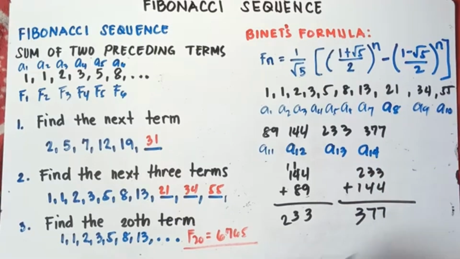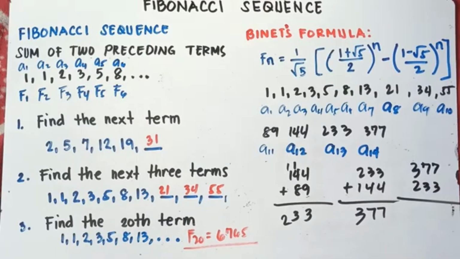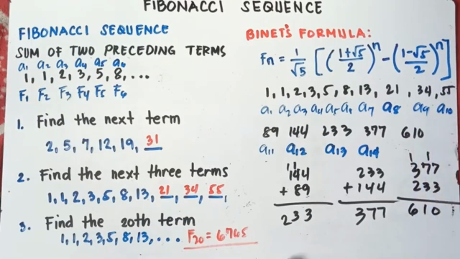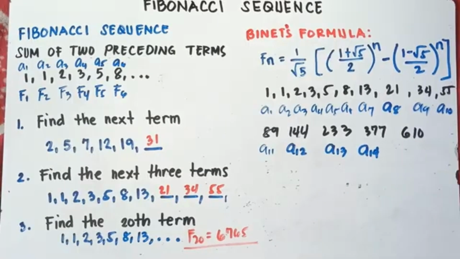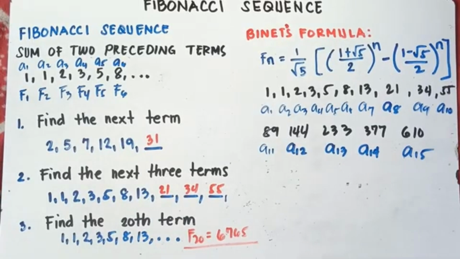So 377 plus 233. 7 plus 3 is 10, carry 1. 7 plus 3 is 10, plus 1 is 11, carry 1. 3 plus 2 is 5, plus 1 is 6, 610. 610 is the 15th term, or f sub 15.